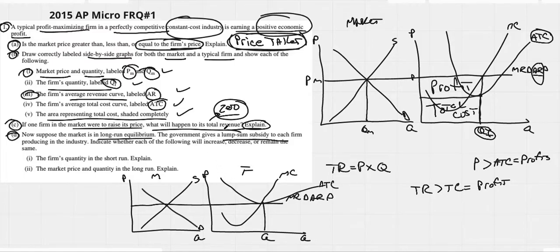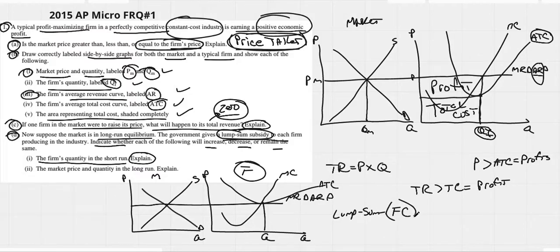If the government gives a lump sum subsidy to each firm producing in the industry, indicate whether each of the following will increase, decrease, or remain the same. So, firm's quantity in the short run, please explain. Understand that lump sum subsidies or taxes are thought of like fixed costs in that they don't affect the marginal cost curve.